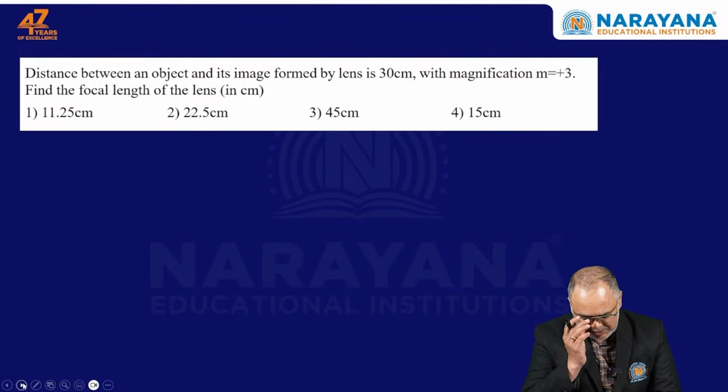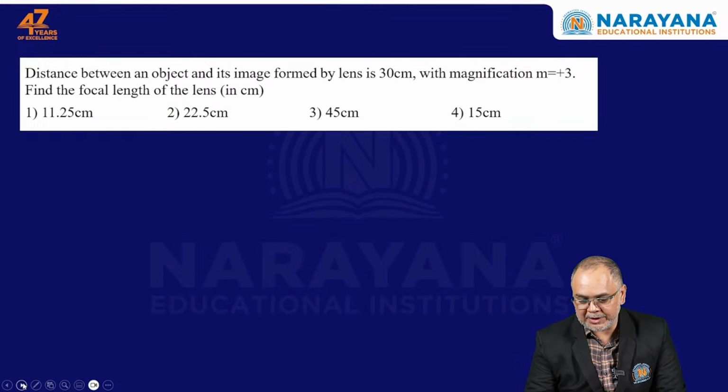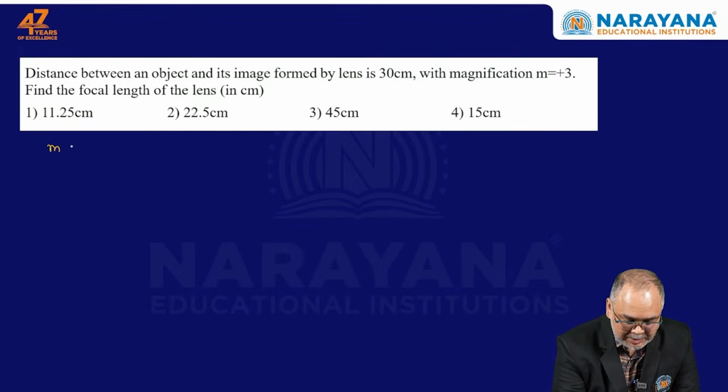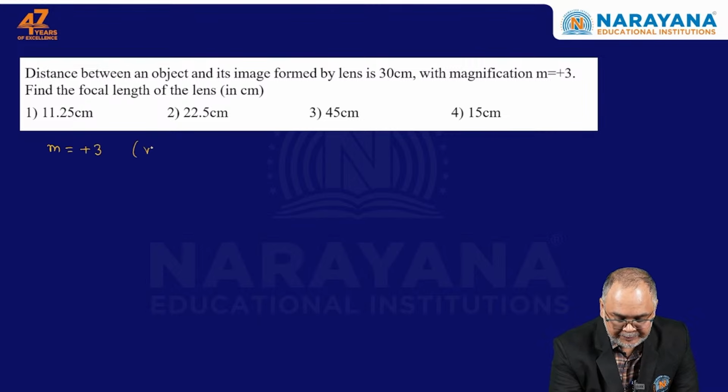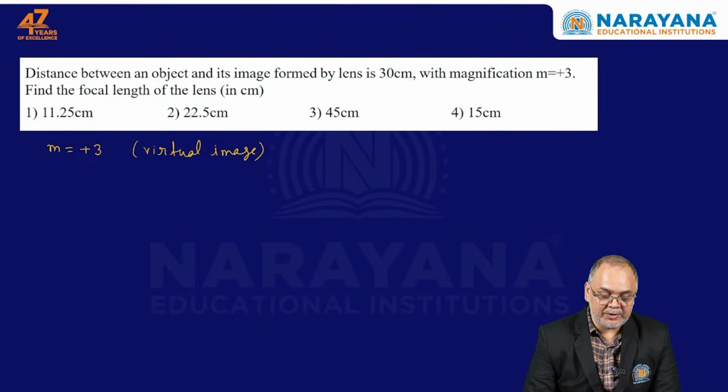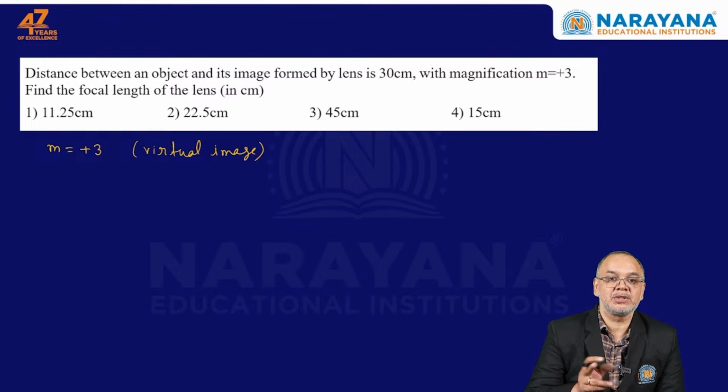Now here, the important point is magnification is plus 3. So m is equal to plus 3 means virtual image. Now, another point, the magnification is more than 1.